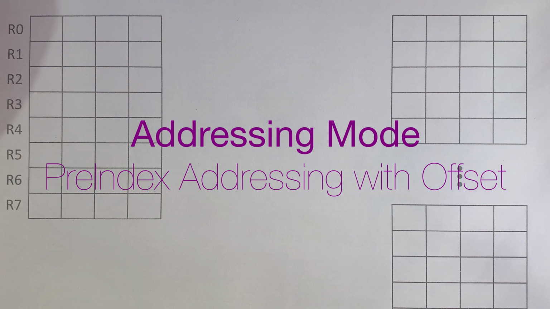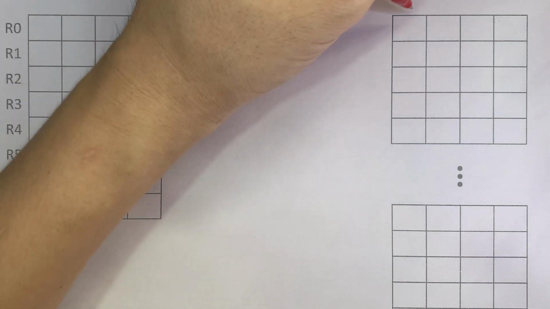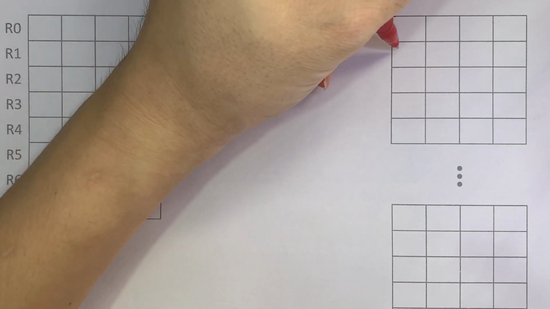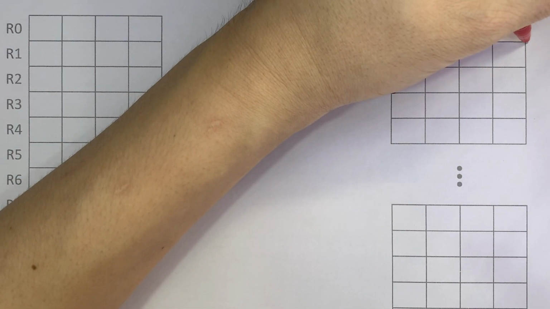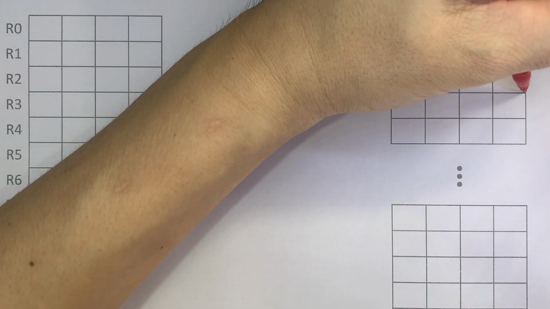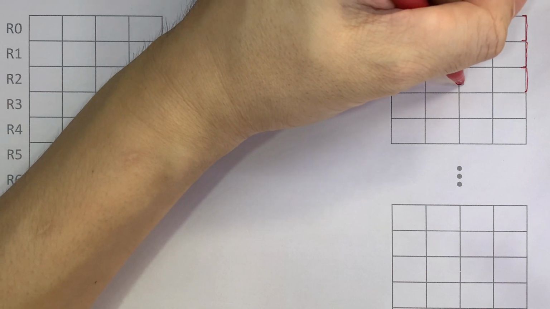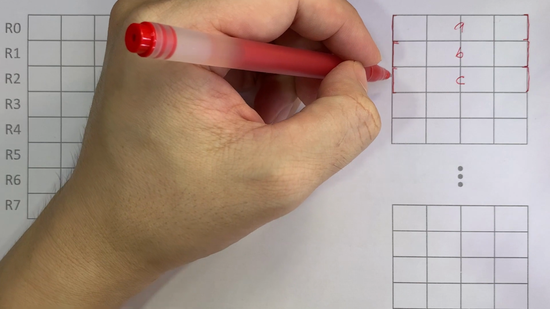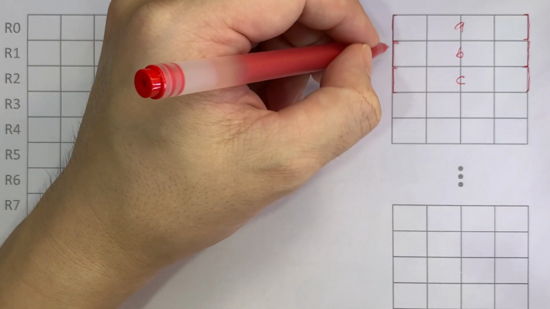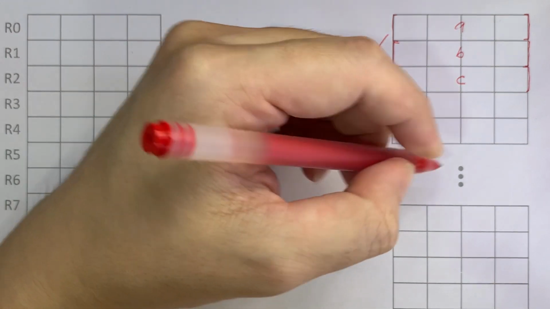Okay, let's do some exercise so that we can understand more about the offset value. Assuming you have three data located in the memory, of course we don't know what the values are, and we call them A, B, and C. Your job is to duplicate or copy the value from A to a new memory location.